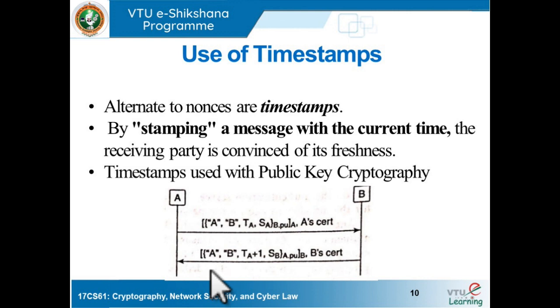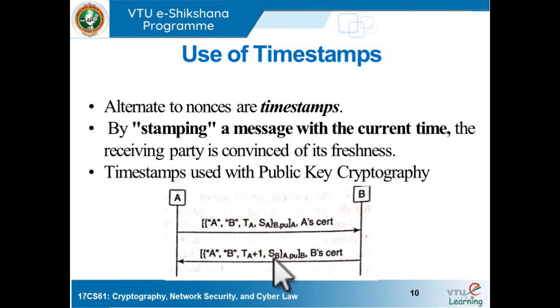Now, after performing all these operations, it will generate a message and send that message to A. Now, what does this message contain? It contains the identity of A, that is, this message is intended to A and it is coming from B, and also the timestamp it has received, incremented by 1 by the receiving party B, and also it includes a random number SB.